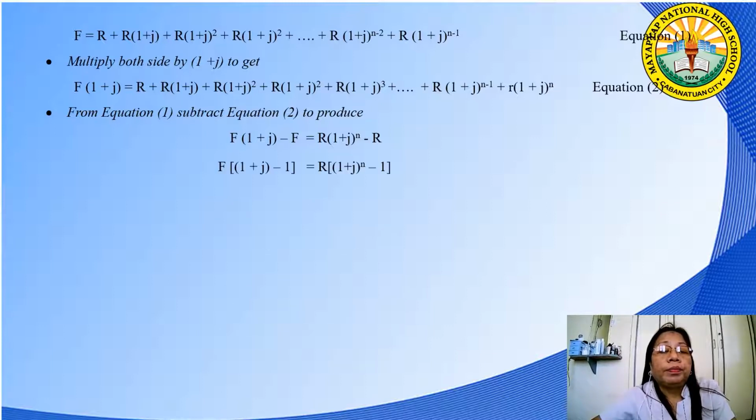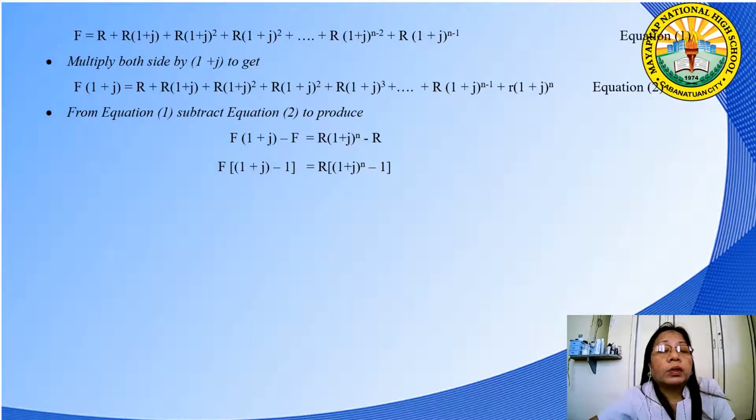Then you factor. From the left side of the equation, the common factor is F, so you divide each term by F to get the other factor.